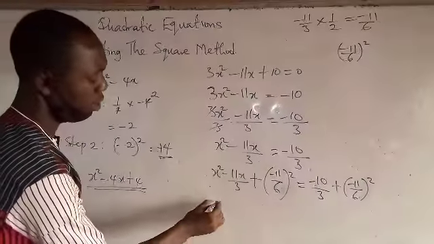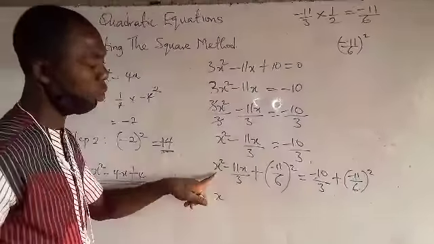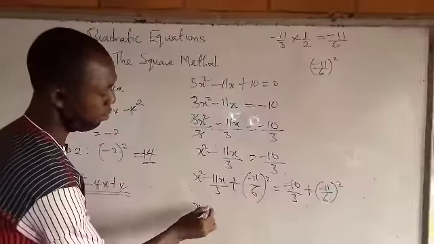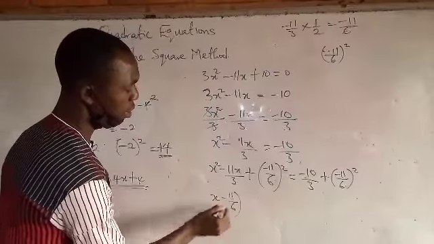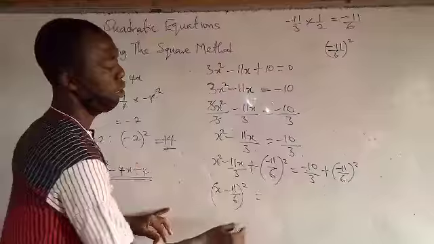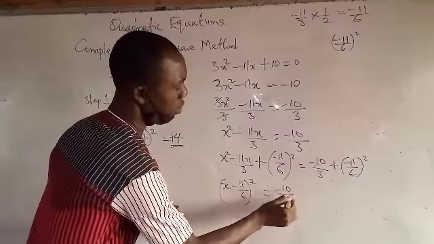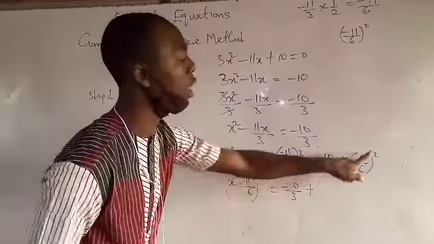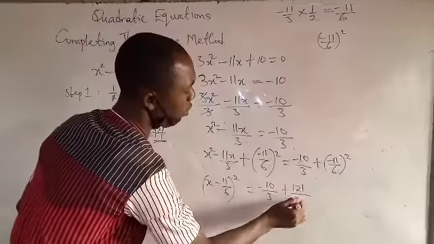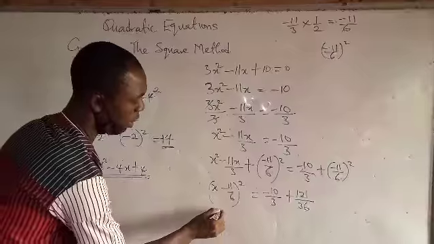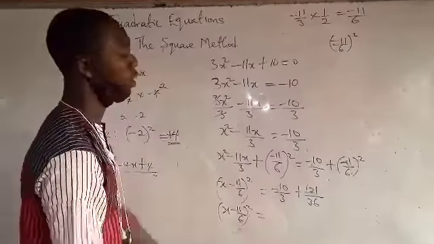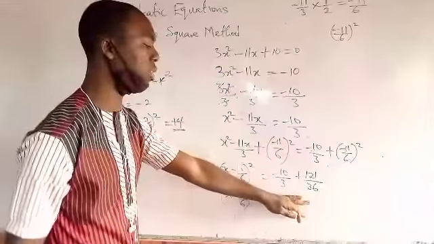Then we take the variable x without the square, and the factor in the bracket is minus 11 over 6, then we square all, equals minus 10 over 3 plus, if you square 11, you get 121, and if you square 6, you get 36. So we have (x minus 11 over 6) squared equals, now we take the LCM on the right hand side.